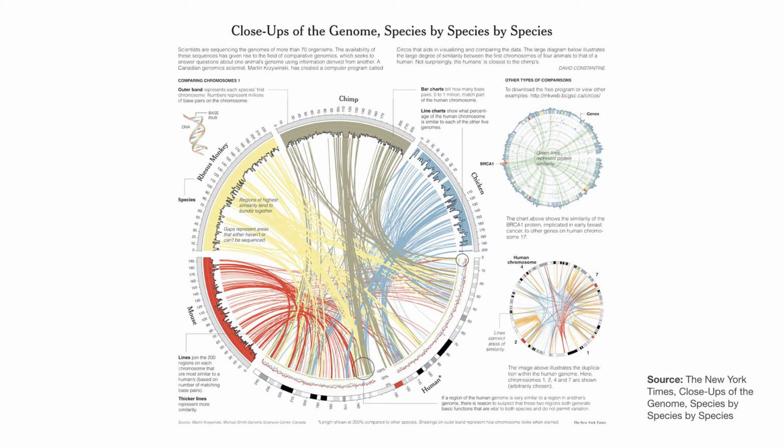And all these lines at the bottom right, you have the human beings, and then for each animal, the lines are given a different color. So for one animal, we've got red, blue, gray, yellow, etc. And you can see how the connections between the chromosomes connect to that of a human being's DNA.